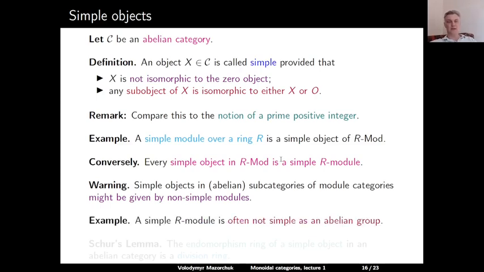A telling example is if we take a simple R module and consider it just as an abelian group, it is usually not simple as an abelian group. And for simple objects, we have Schur's lemma. The endomorphism ring of a simple object in an abelian category is always a division ring.